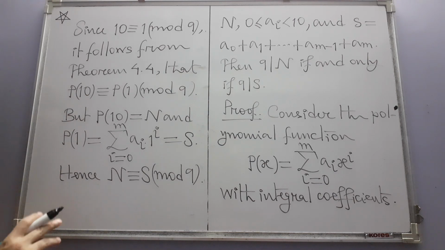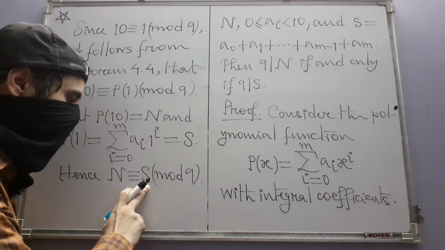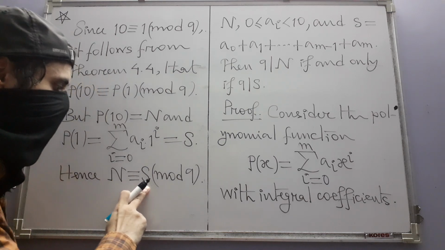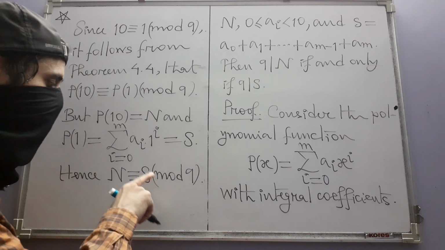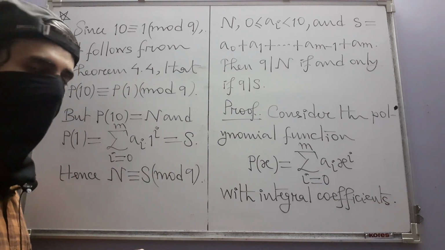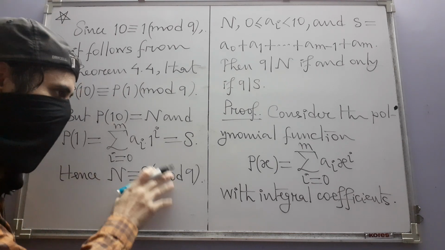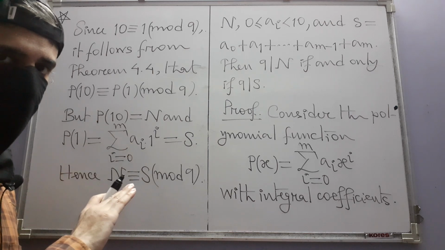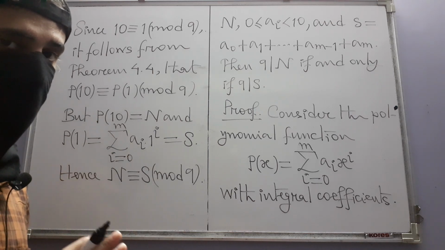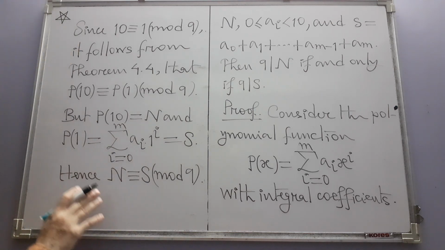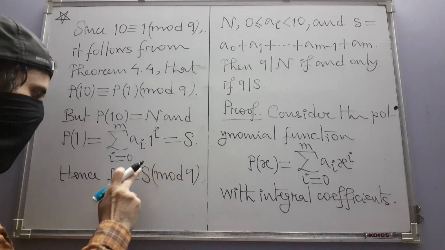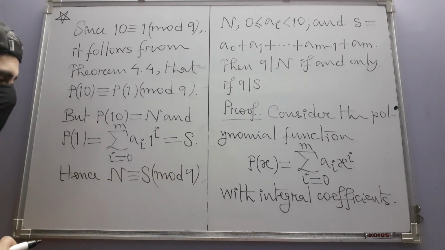So we know that two integers are congruent to each other if and only if they leave the same remainder when divided by 9. This is a result that we have already seen when we were discussing congruences in general. So that is why if 9 divides one of them, it also has to divide the other.